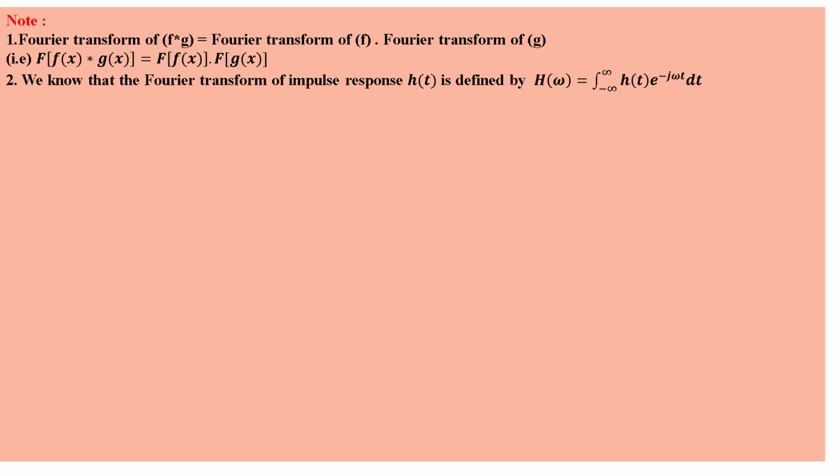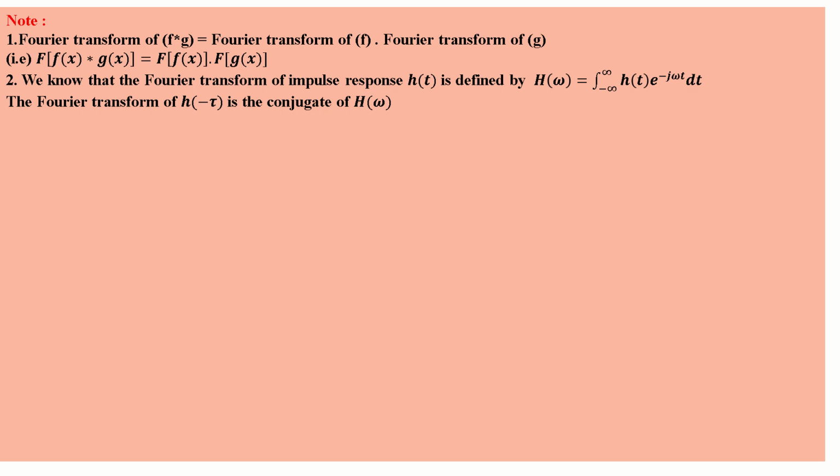Fourier transform of the impulse response h of t. Impulse response means the output for an impulse input. H of omega is defined as the integral from minus infinity to plus infinity of h of t e to the power minus i omega t dt, right?